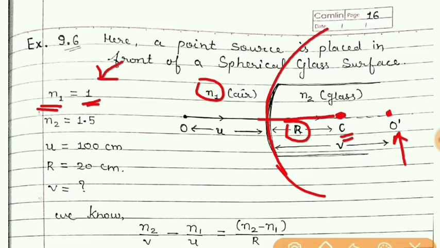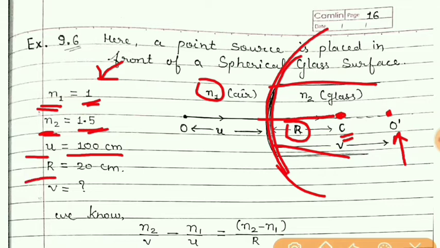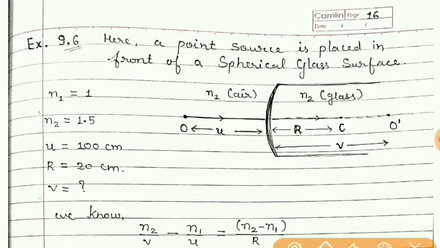The refractive index of the glass of which this spherical surface is made is given as 1.5. The object is placed at 100 centimeter, and the radius of curvature of this spherically curved surface is given as 20 centimeter. We want to find the image distance. So from this surface, the image is formed here, and this is the image distance.